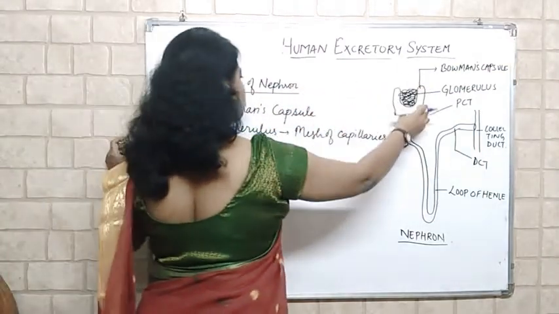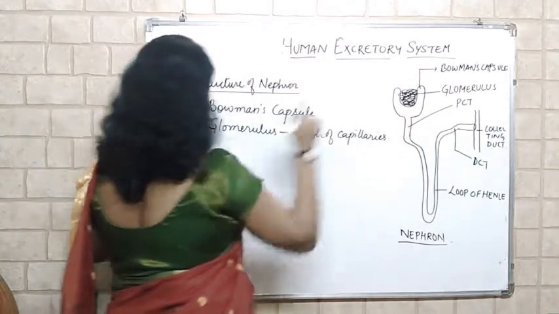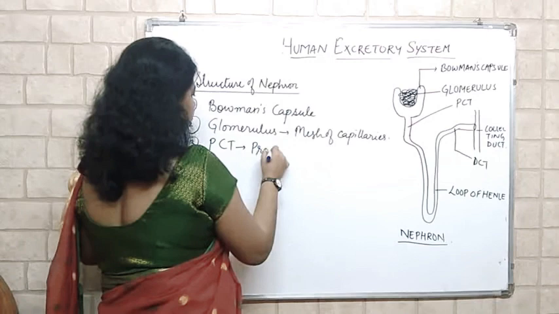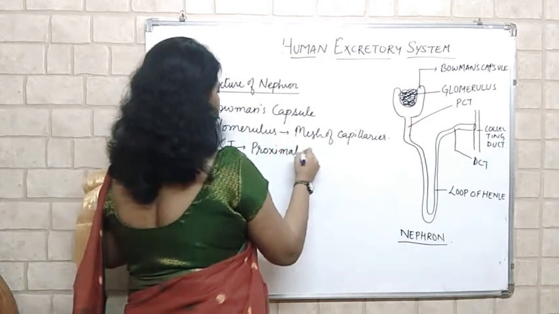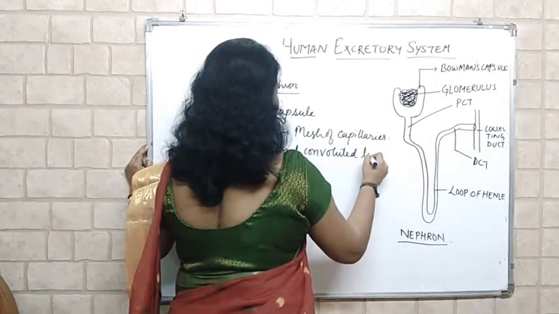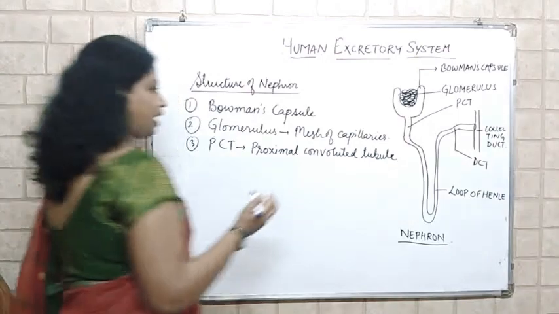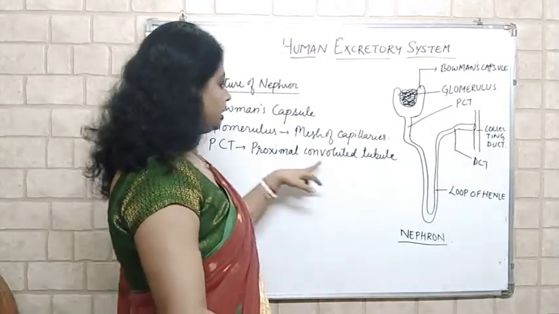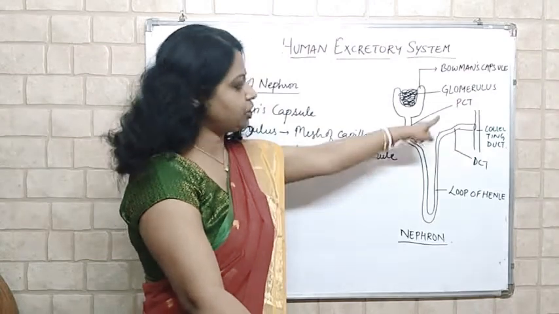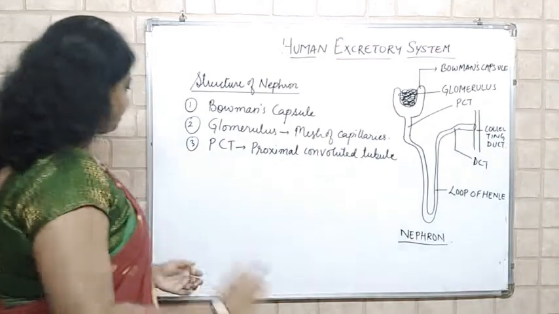After this Bowman's capsule, we can see a tube coming, where I have written PCT. This is proximal convoluted tubule. These are the tubules through which the formation of urine will take place.